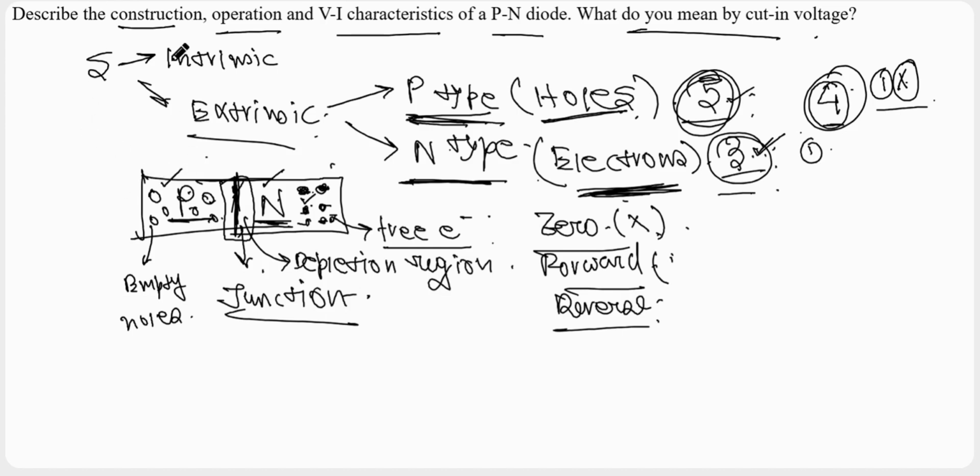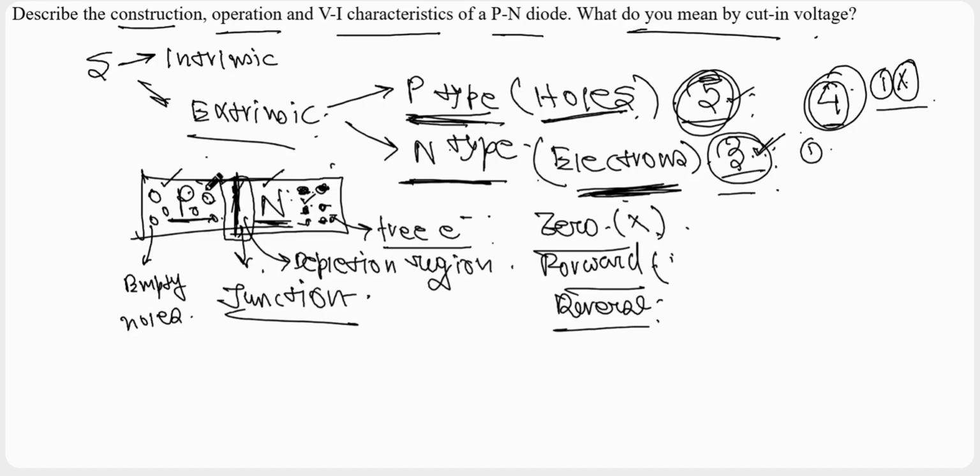Let us start by understanding the diffusion and drift processes. These are the two main driving factors in a PN junction. There is a difference in the concentration of holes and electrons on the two sides of the junction. On the N side, there is little or no concentration of holes, and on the P side, there is little or no concentration of electrons.